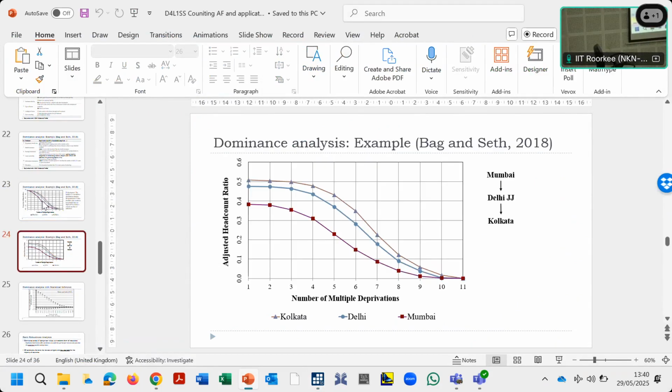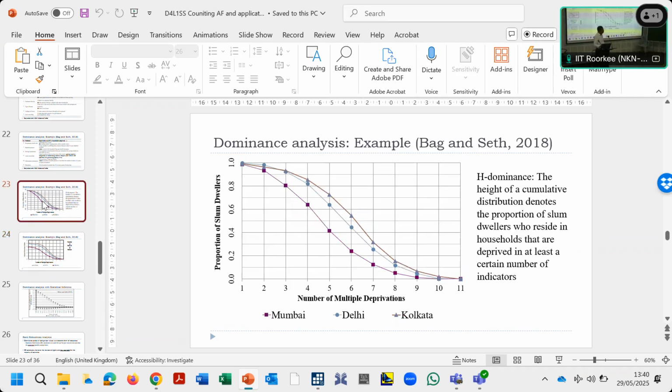For example, if we are checking the headcount ratio and then intensity, do these measures have to follow the same pattern? Not necessarily. If you look at the multidimensional headcount ratio here, you have crossing. So not necessarily.